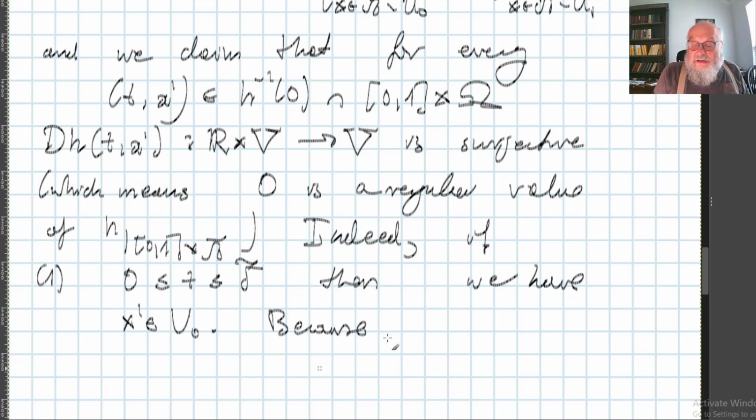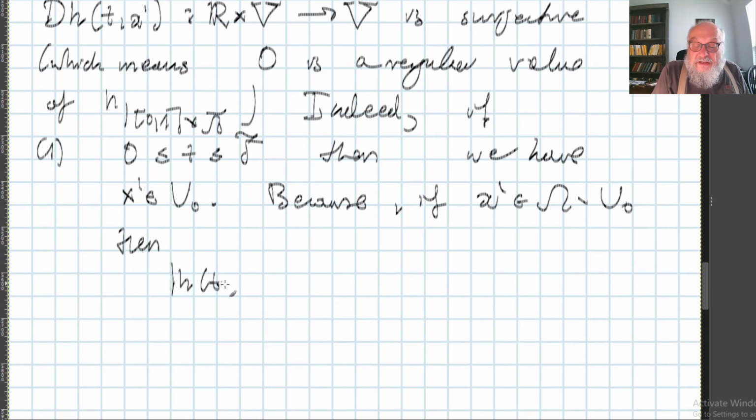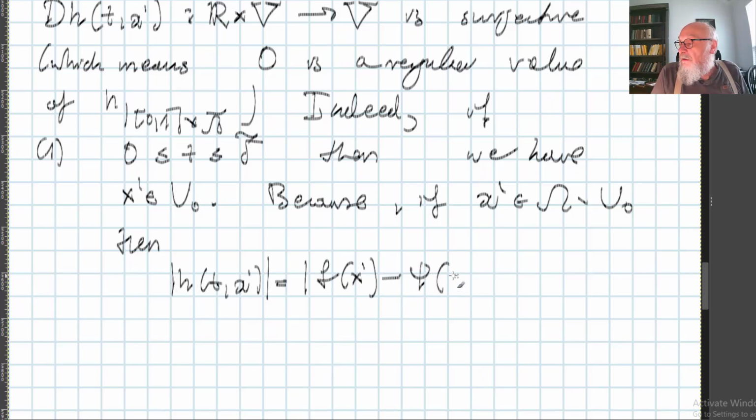Because if x prime belongs to omega minus U0, then h t of x prime is equal to f of x prime minus psi of t y, and that is larger or equal than f of x prime minus epsilon.